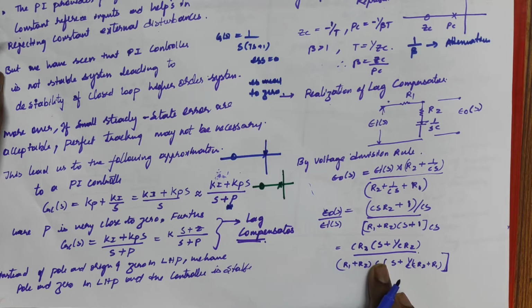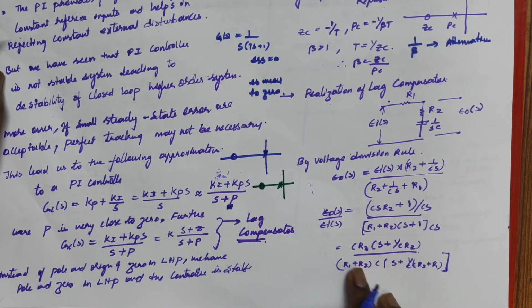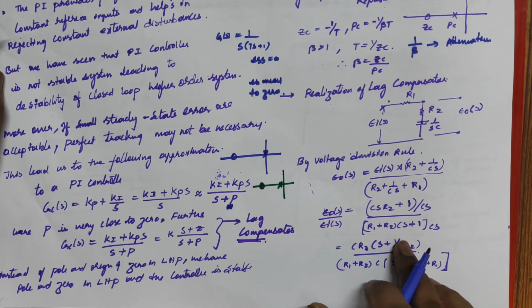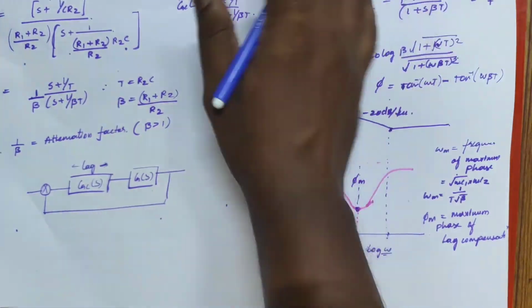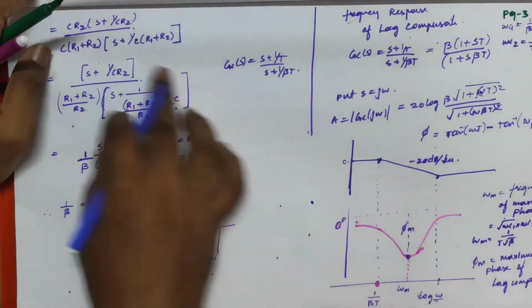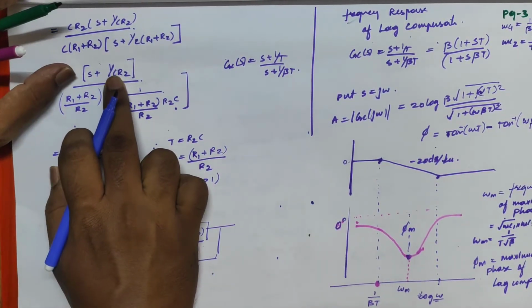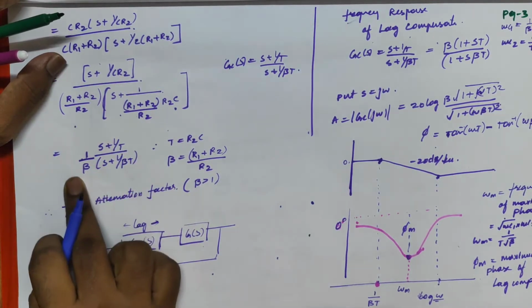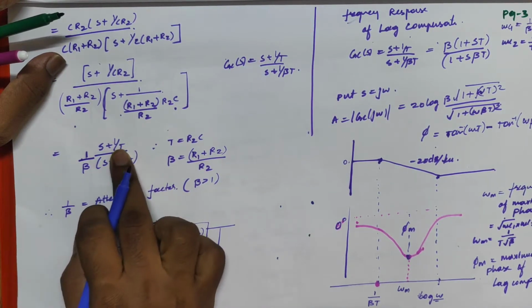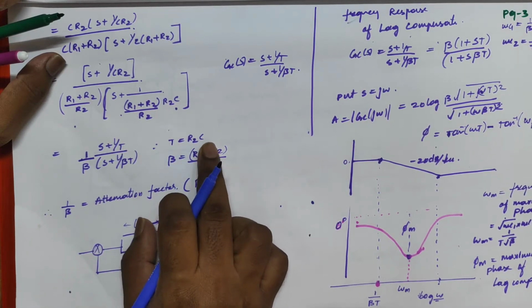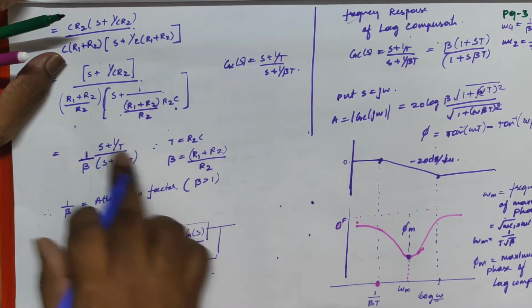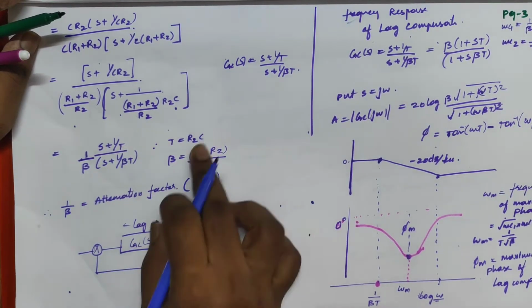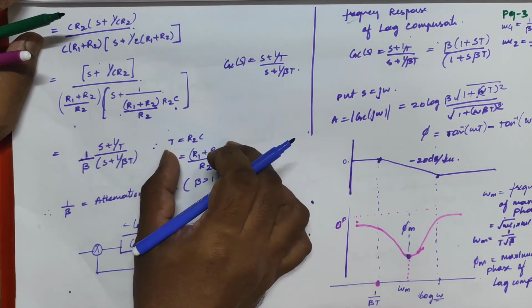Further, S plus 1 by ZC, S plus this, and moving further I got this function, S plus 1 by T. Here I got time constant T equal to R2C, and beta equal to (R1 plus R2) by R2. So this is a physical realization of a lag compensator.